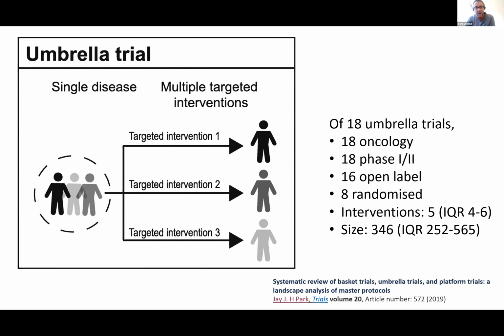In the umbrella design, because you do have the ability to directly compare different candidates against each other for a specific patient type or disease, they're more often randomized than in the basket trial design, and typically umbrella trials have evaluated several different drug candidates simultaneously, or sometimes they can be compared and assessed consecutively.